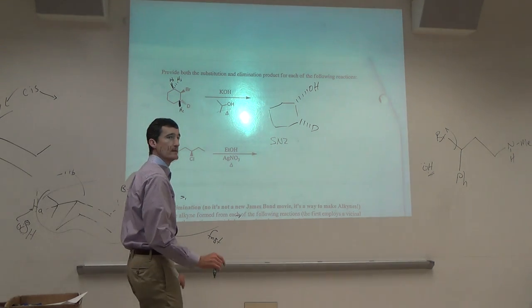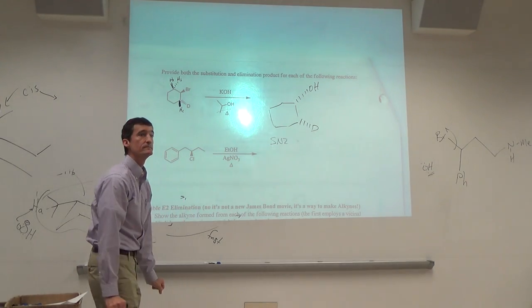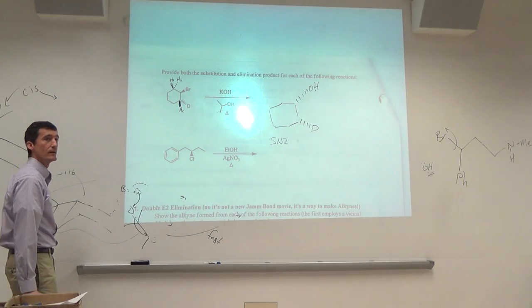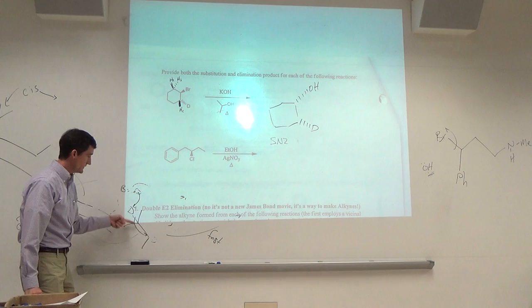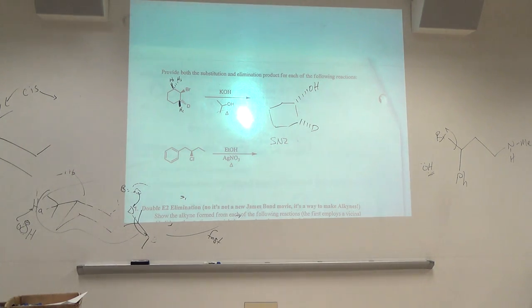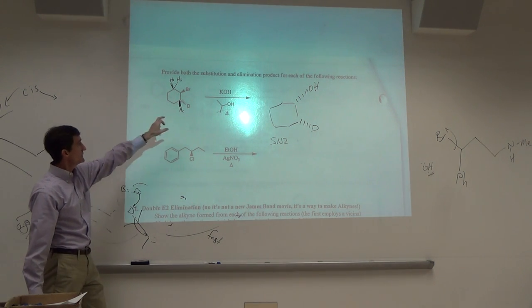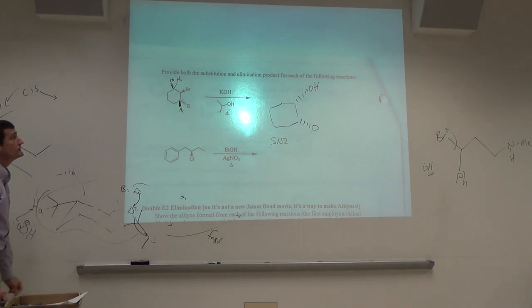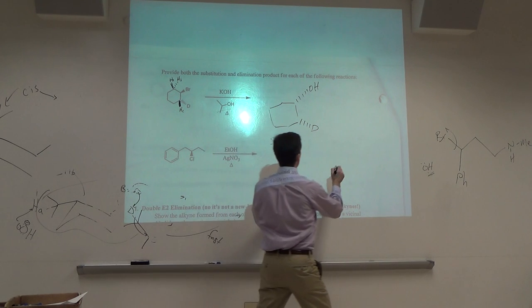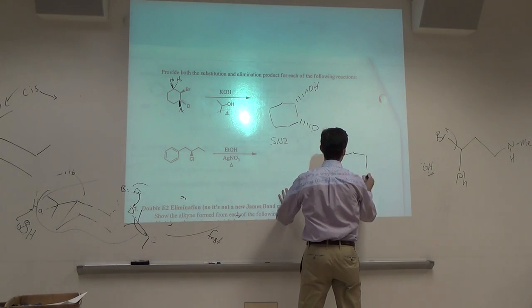Can the base take that deuterium? Can the OH minus take deuterium? Right, just like it did here? Yes, it can. But is it going to want to? No. Of A, B, C, or D, which one is it going to take? B. Very good.